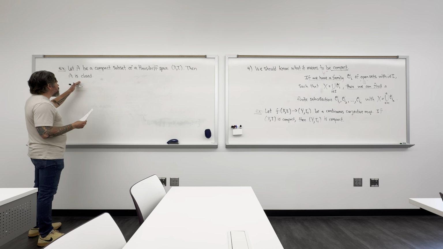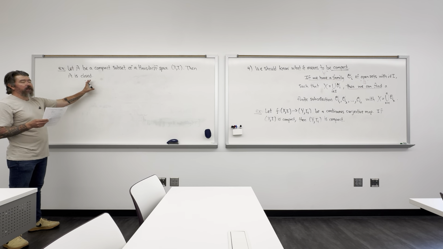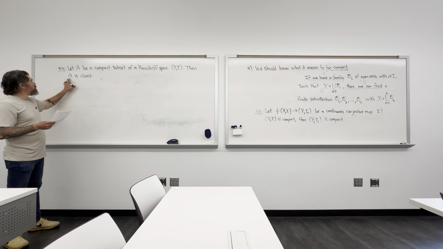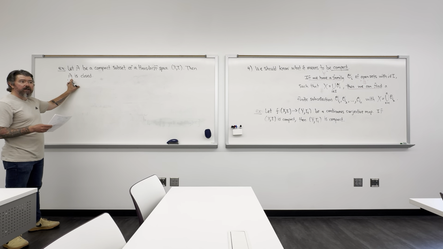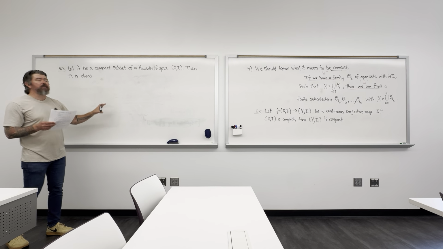Note that the book argues through the method of limit points. So the book shows, and this is on page 183, that A is closed by arguing that A contains all of its limit points, right? Remember, if a set contains all its limit points, the set is closed.